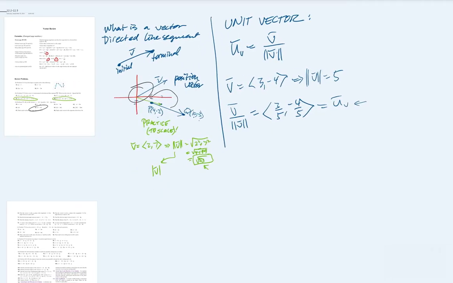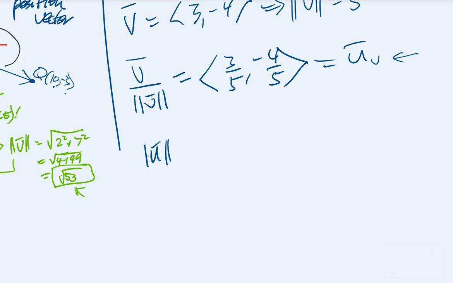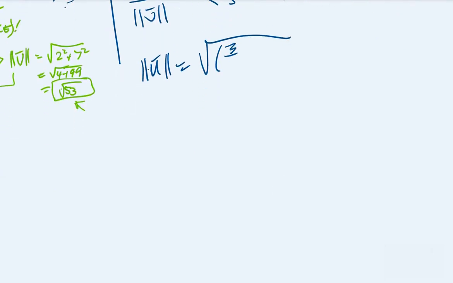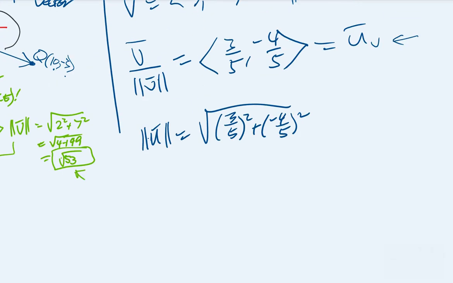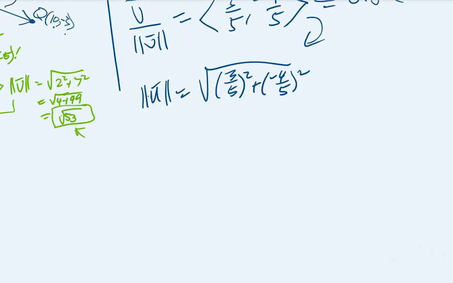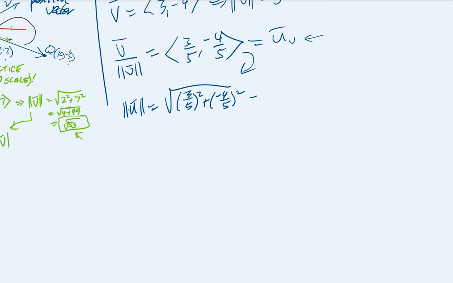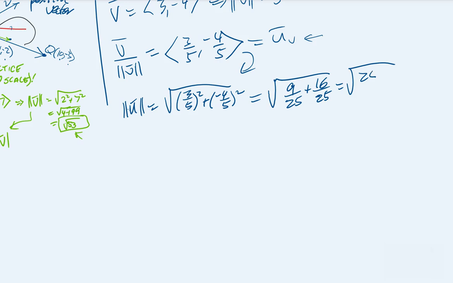Now let's find the magnitude of u. That will be the square root of 3/5 quantity squared plus negative 4/5 quantity squared. We're using that vector. So 3/5 squared is 9/25, and negative 4/5 squared is 16/25, which is the square root of 25 over 25, which is 1.